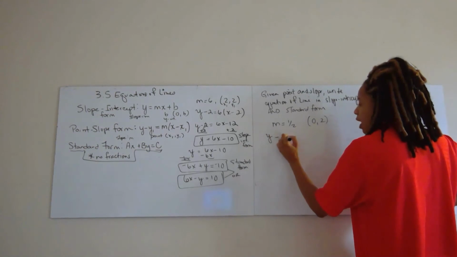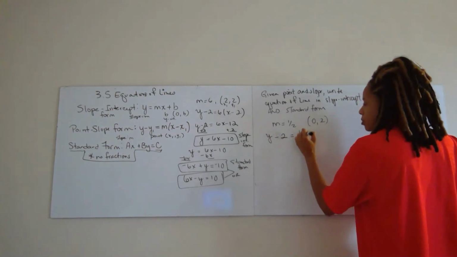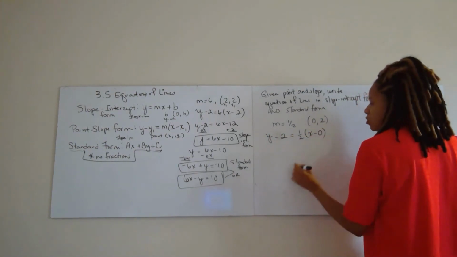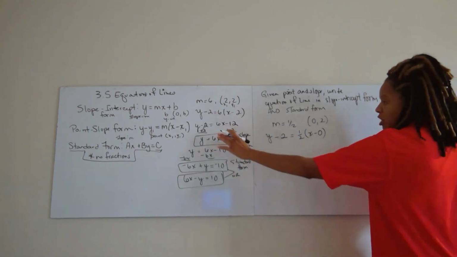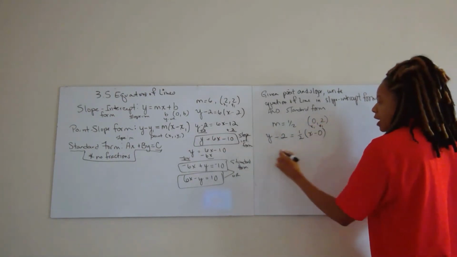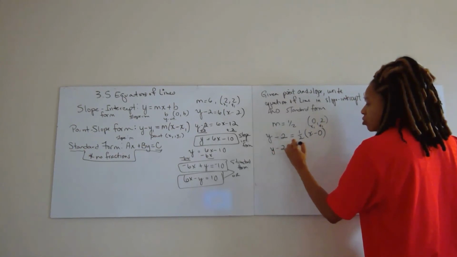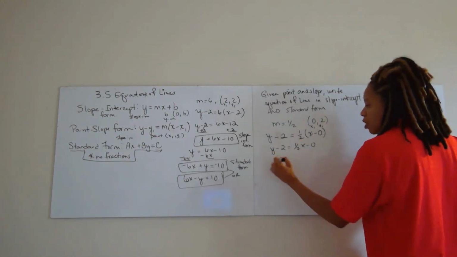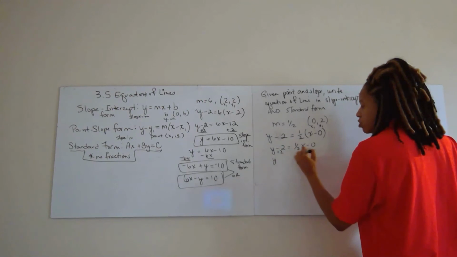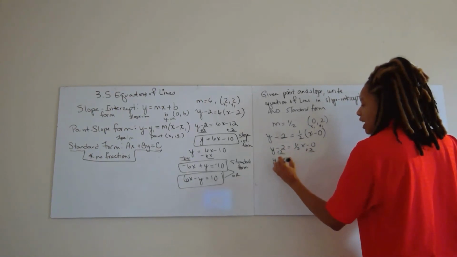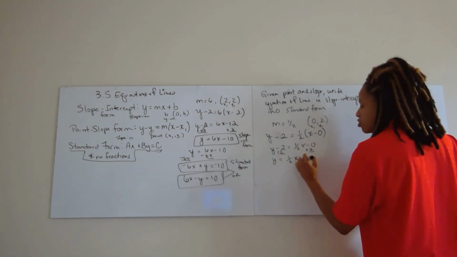Y minus y1 equals m times x minus x1. So I just did direct substitution into the form, right? Because this is x1 and y1. So y minus 2 equals 1/2 x minus 0, plus 2. Y equals 1/2 x plus 2.